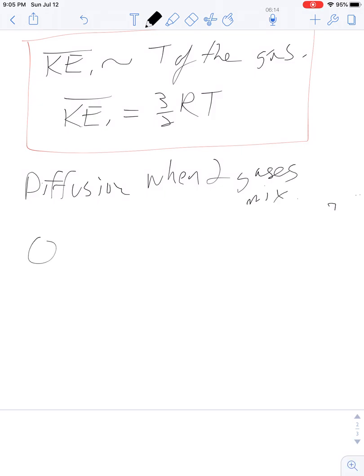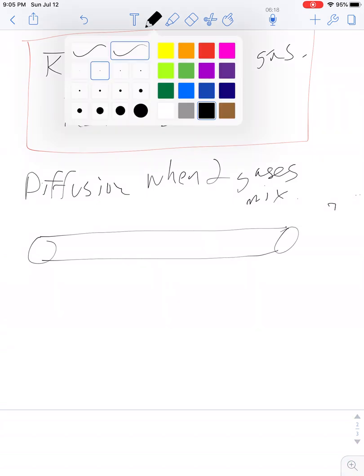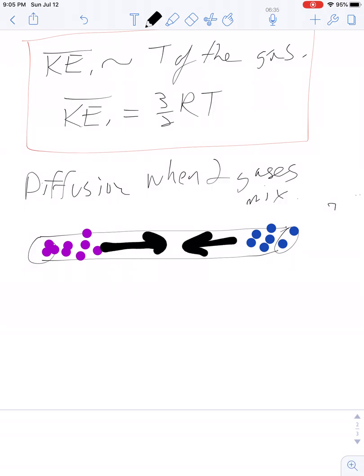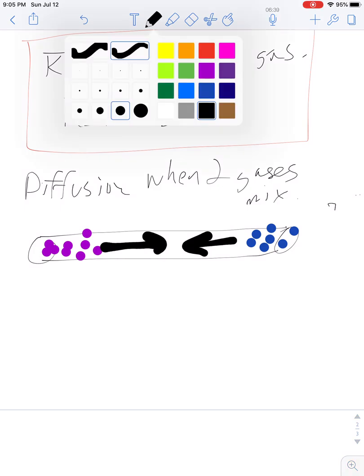So if I have a tube and I have 1 gas on one side and another gas on the other side, and this gas is going this way and this gas is going that way, this is diffusion because you've got 2 gases that are going to mix.